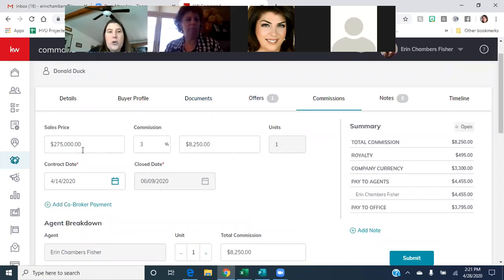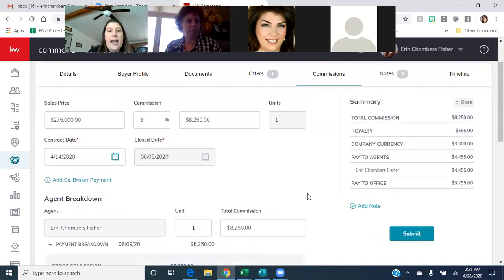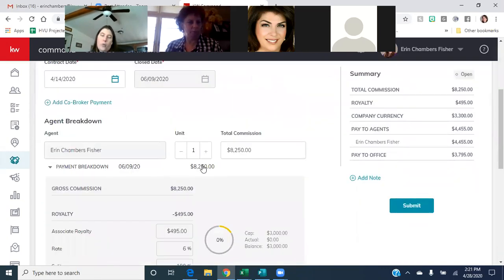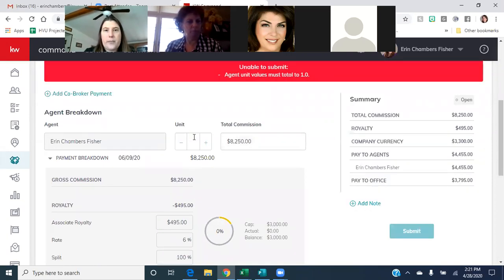So again, it's going to show you this information here. Now, if you are splitting this with another agent, let's say, for example, you're on a team or you have a partnership, you're simply going to change the unit to be whatever the unit is. The only problem with that is that it's not going to calculate the commission for you.